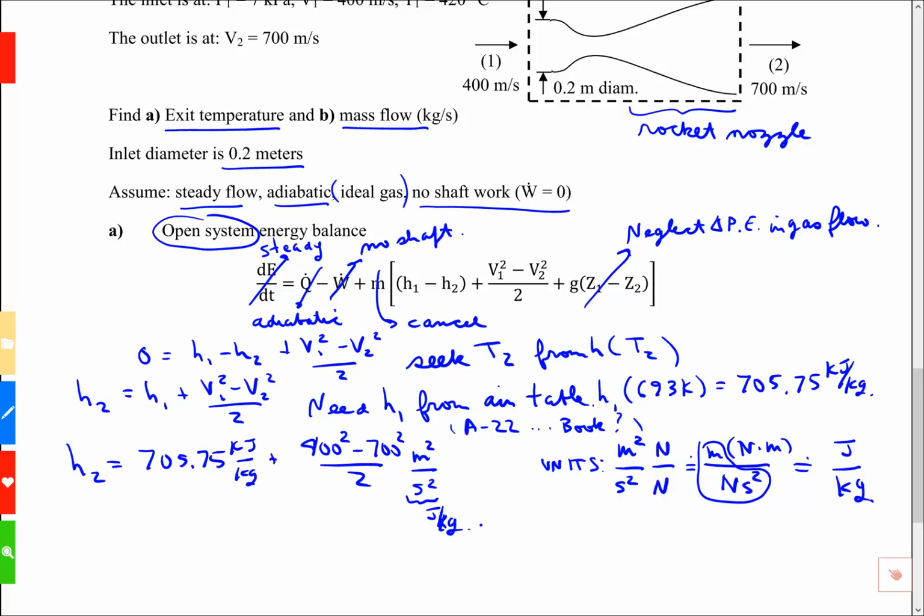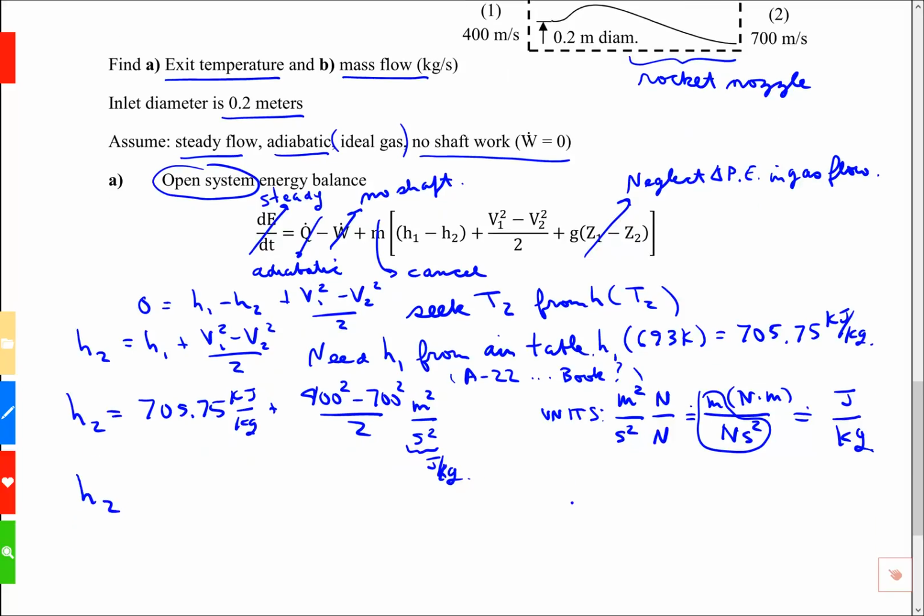And I want to convert that to kilojoules, well, let's do it down here. H2 is going to be 705.75 kilojoules per kilogram. If I take 400 squared minus 700 squared divided by 2, that's minus 165,000, and that would be in joules per kilogram.